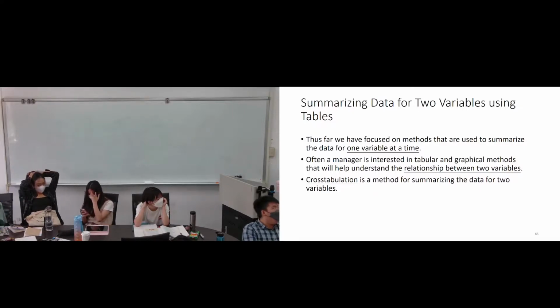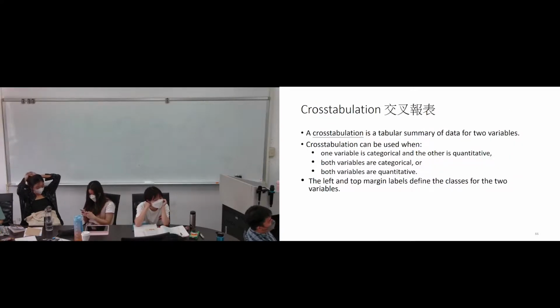We can use a cross tabulation table or a chart to display the relationship between the two variables. The table is called a cross tabulation, or the other name is contingency table.